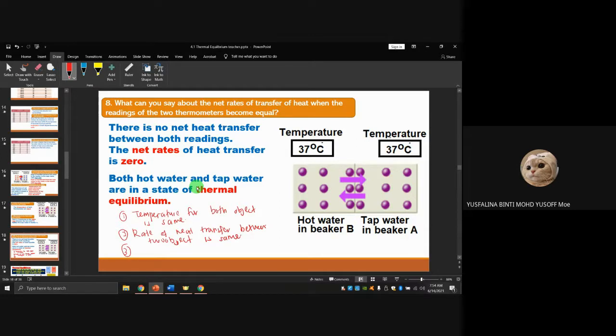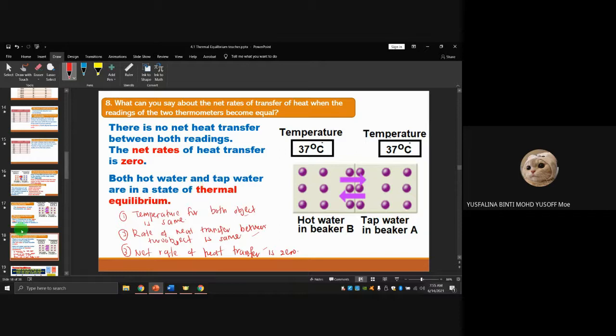And the last one, the net rate of heat transfer is 0. These are the 3 sentences you need to write if they ask what is the meaning of thermal equilibrium. And for Paper 1, if they mention thermal equilibrium, just find the answer that gives you these 3 sentences.